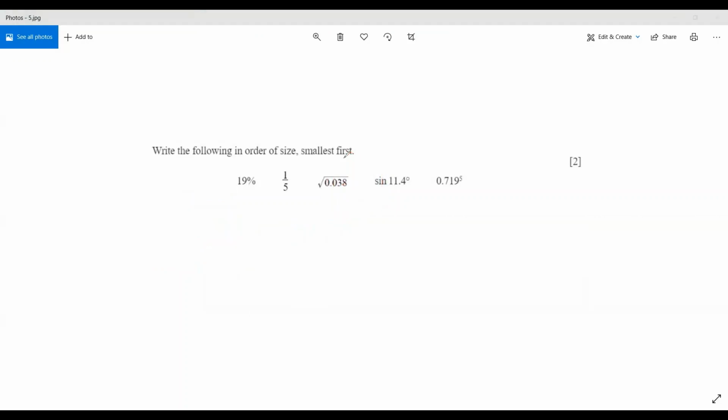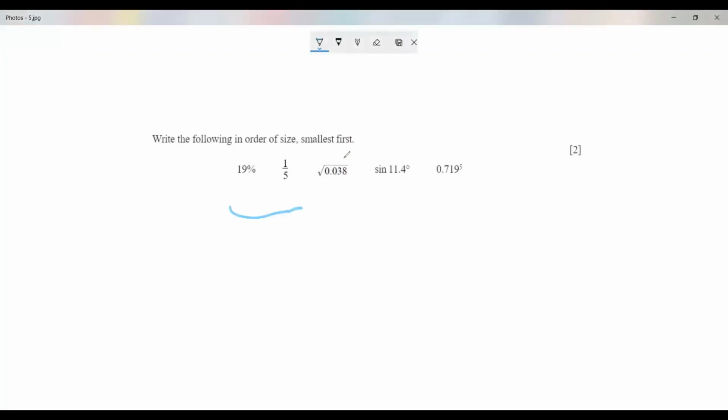Okay, this is the type of question that I want you guys to see. It's very common. You get this in paper 1 and paper 2, those short questions, short answers, and they ask you to basically write a bunch of numbers in an orderly fashion.